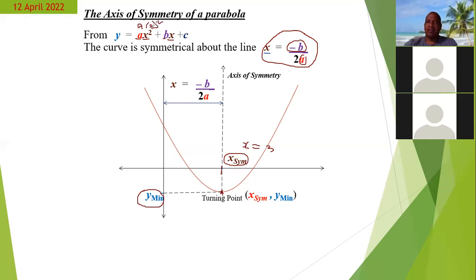So that will become 3 squared. And then now you would have plus B times, and this now you put in the value of 3 again. And then you plus the value for C. But remember now, A, B, and C are going to have values, so you can do the calculation after you make those substitutions for X. And you will get the minimum value for Y. Is that clear now, guys? Guys, is it clearer now?